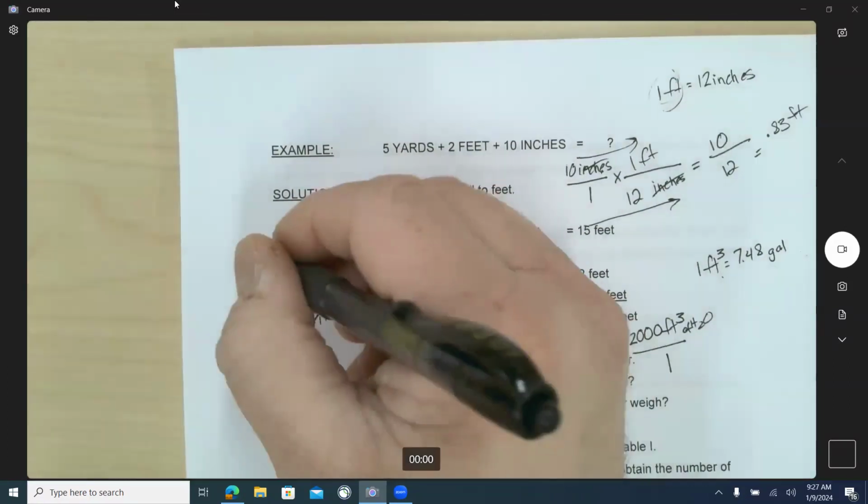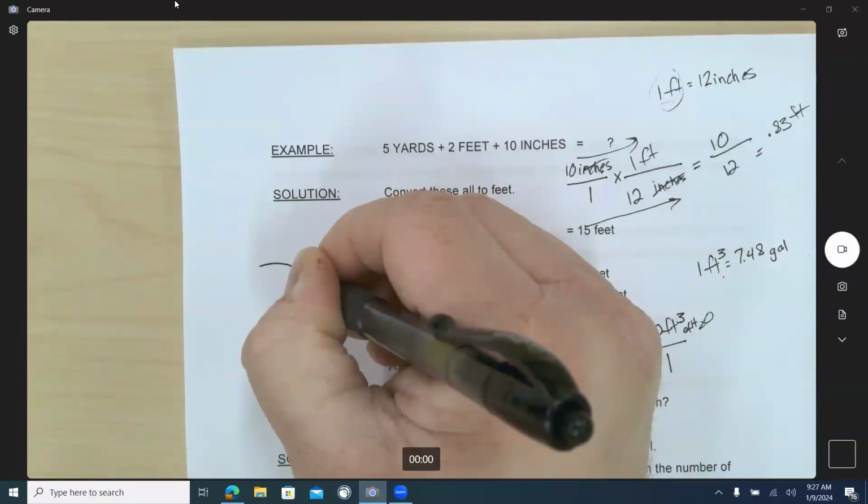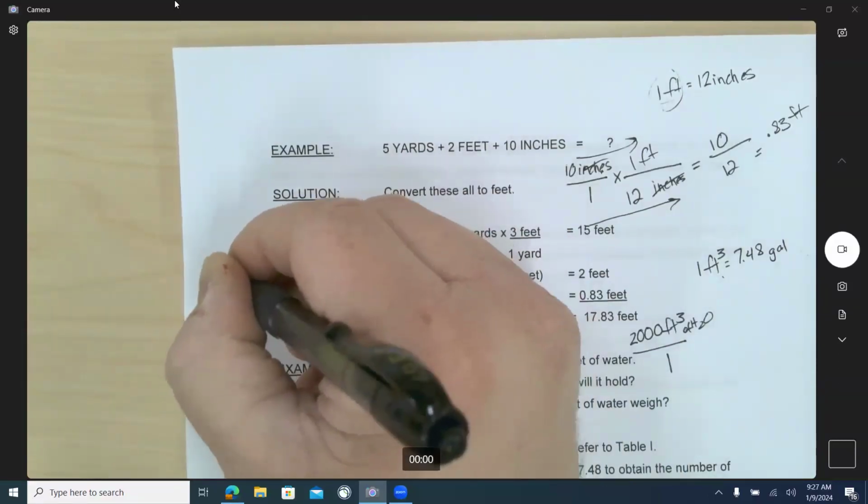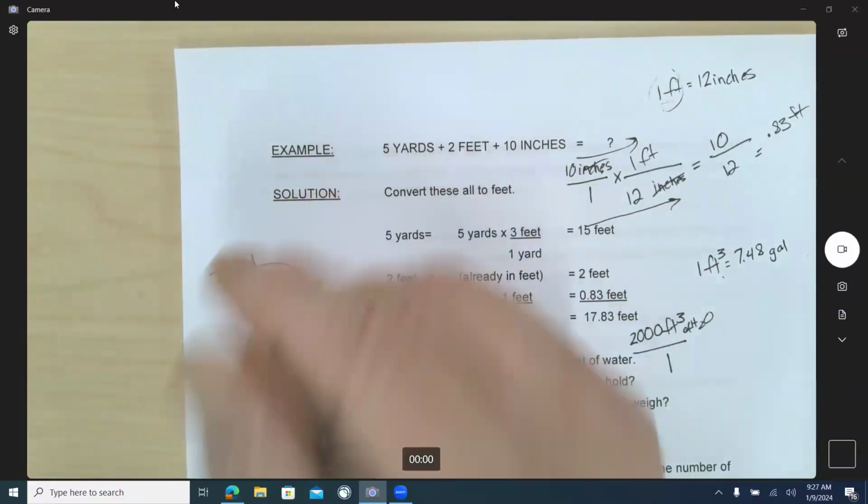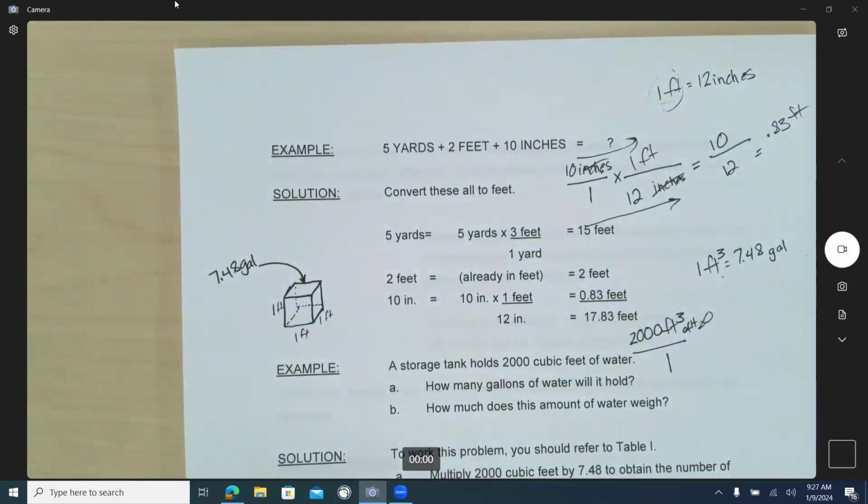So what we're saying is that in this box of cubic feet, 7.48 gallons fits. So I just want to point this out real quick. This is a universal constant for all liquids, okay? What I mean by that is if I have a cube and I fill it full of gas, it would be 7.48 gallons. Okay, I dump the gas out. I put motor oil in it.